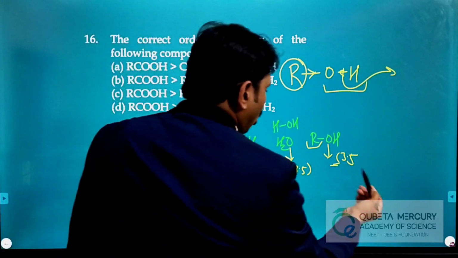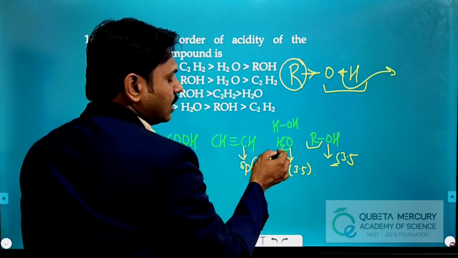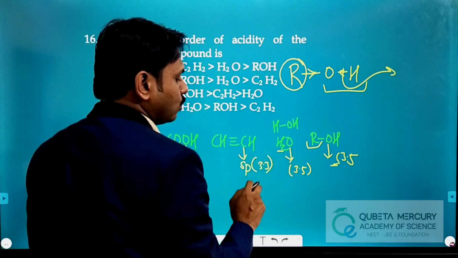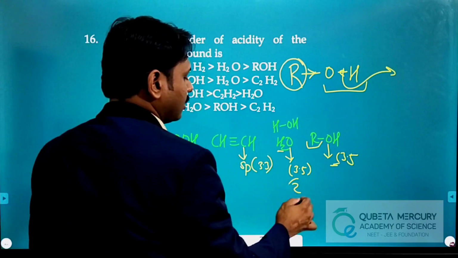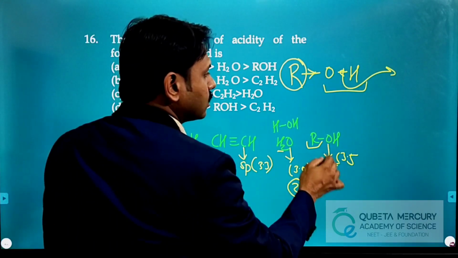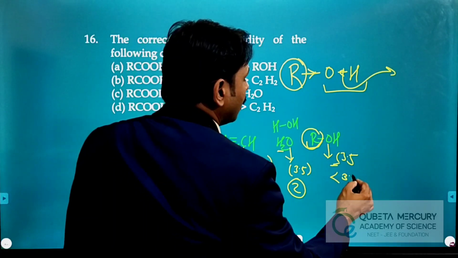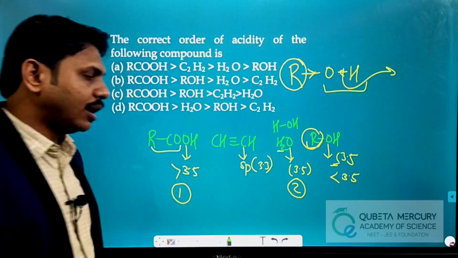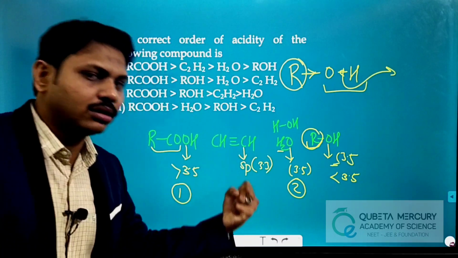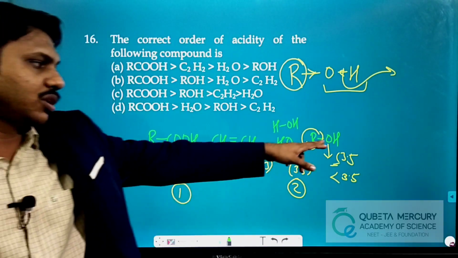Then among the other two, this oxygen doesn't have any electron withdrawing or donating group associated with it, therefore this will be second. But this one is also oxygen, surrounded by an electron donating group that will cause a decrease in electronegativity, so just below 3.5 will be the electronegativity of oxygen here.